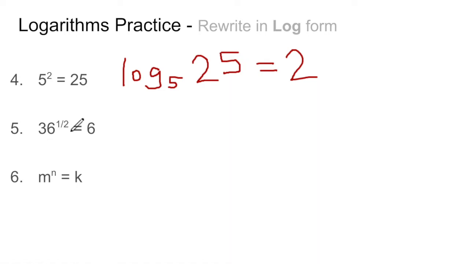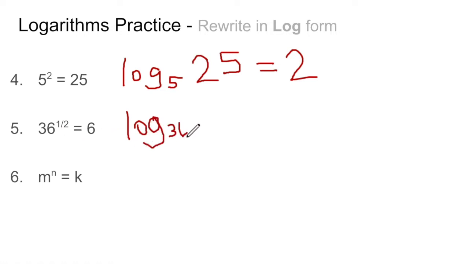Okay, the next one. 36 to the 1/2 power equals 6. And we know, by the way, that if you watch the exponent video, 36 to the 1/2 is the same as the square root of 36. But anyway, our exponent is 1/2, the result is 6, and the base is this here, 36, right? So let's see, log base 36.